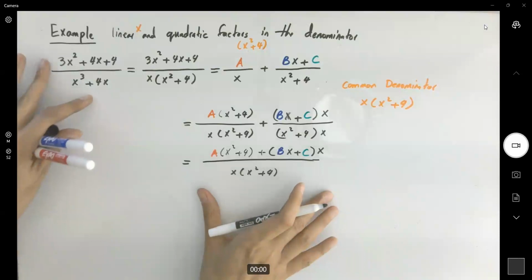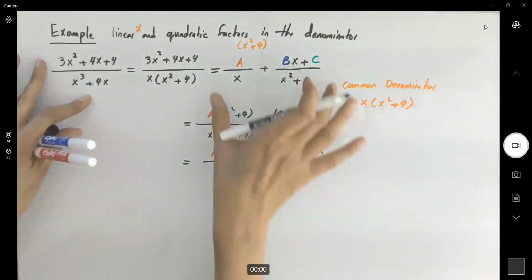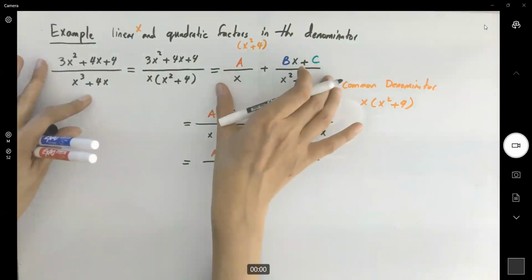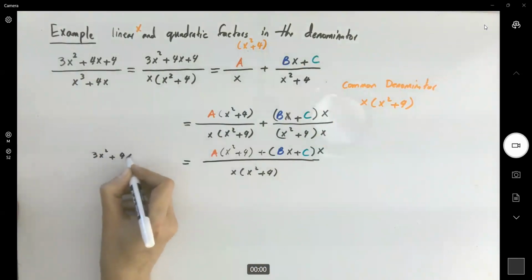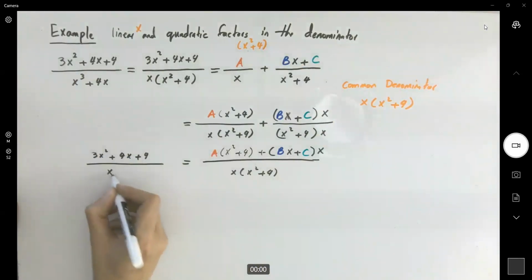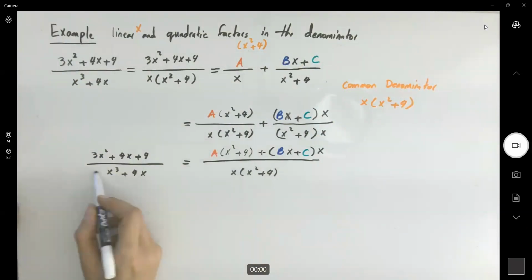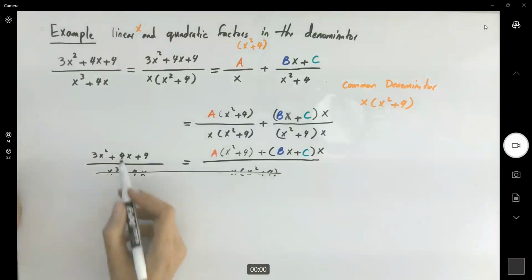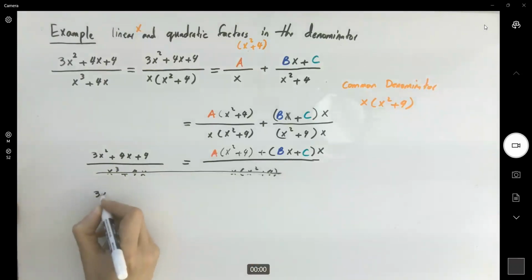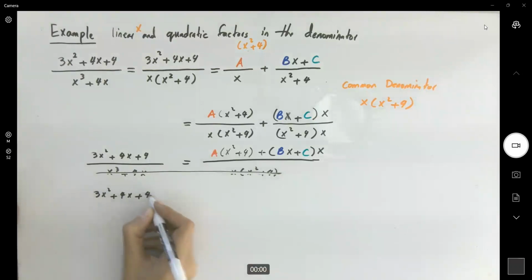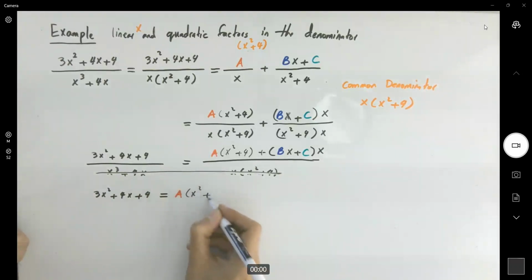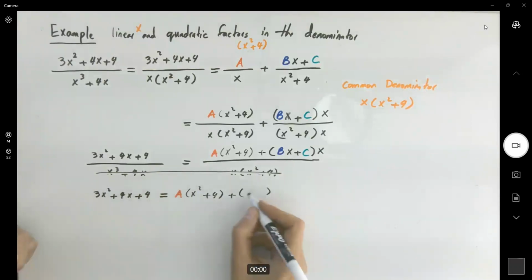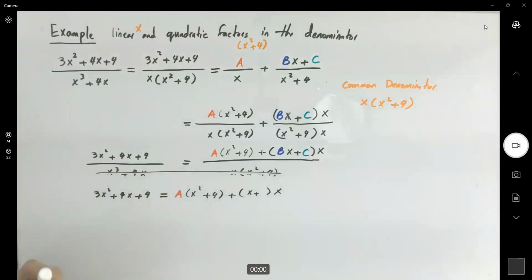This is equal to the original fraction that you tried to write using partial fractions. So copy this down, 3x squared plus 4x plus 4 divided by x cubed plus 4x. These two denominators are the same. We set the numerators equal to each other. So 3x squared plus 4x plus 4 must be a times x squared plus 4 plus parenthesis bx plus c times x.